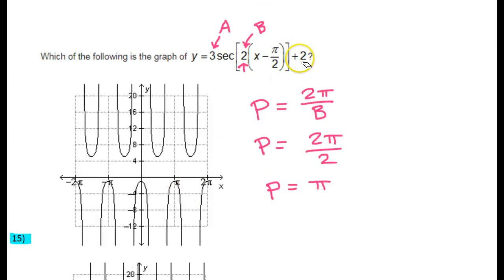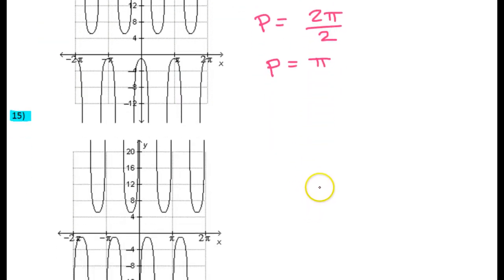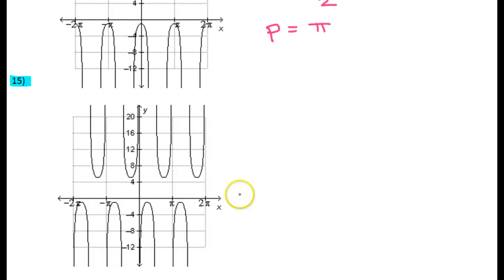Next let's look at the vertical shift. Because of this 2, that means the midline should be 2. So let's see, 4, 8.